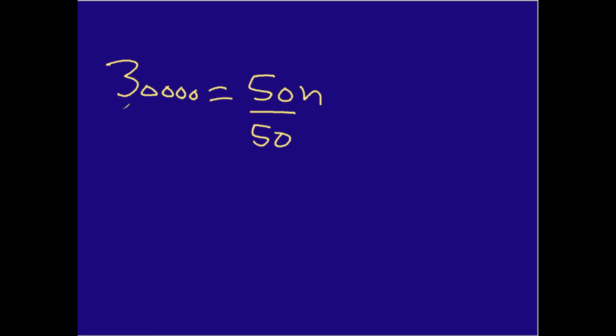I'll be left with 30,000 equals 50n, like so. Then I divide both sides by 50. And then my final answer is going to be something along the lines of this: 600 equals N.